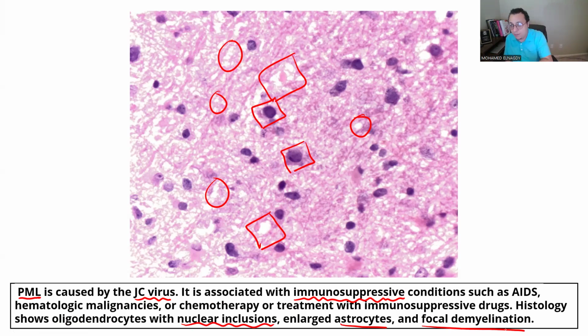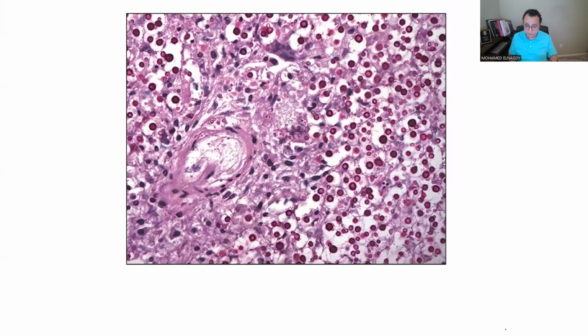So immunosuppressed patients with viral inclusions and nucleomegaly, which look kind of like CMV, but you see demyelination in the background, that's JC virus or PML, okay? Here we go. That's the demyelination and that's the nucleomegaly and the viral inclusions. This is a very famous picture, and I'm sure most of you would recognize that.